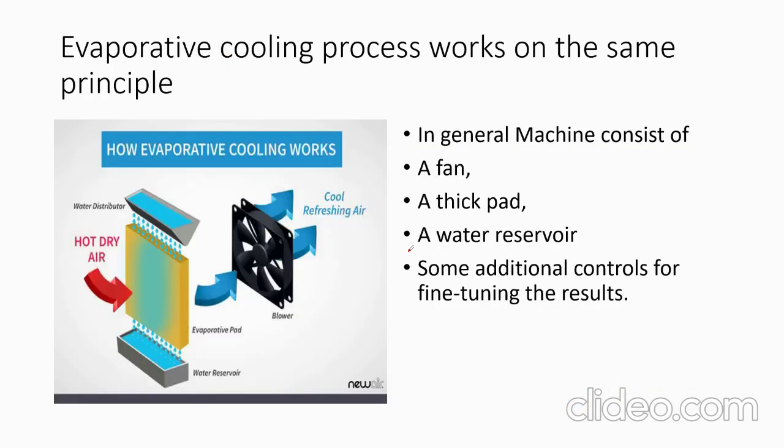Let us discuss how this process works. The evaporative cooling process works on the same principle, and we have a cooling fan, a general machine or a cooler. An air cooler works on evaporative cooling.